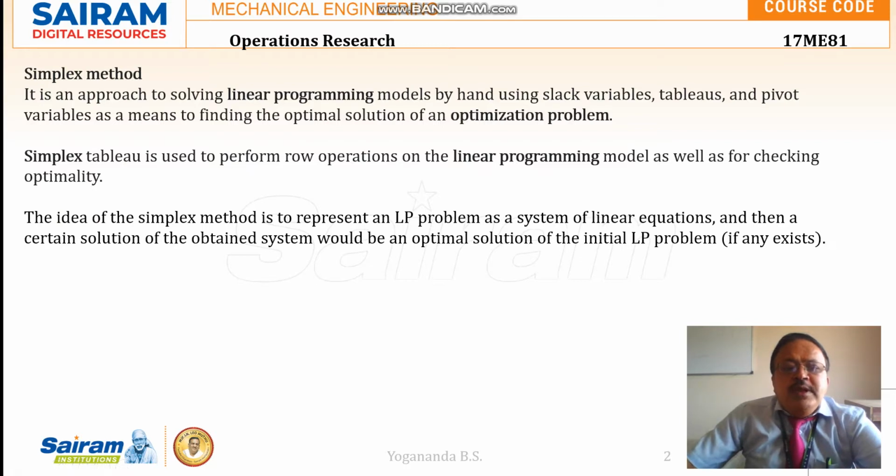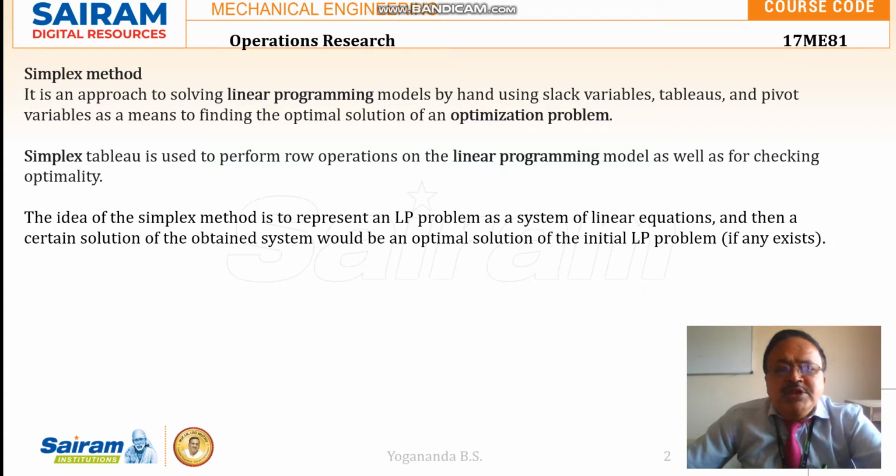So the Simplex method. Linear programming problems can be solved easily using the graphical method that we have already studied. The Simplex method is an approach of solving linear programming problems by hand using slack variables and tables.